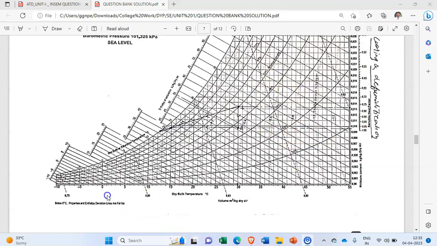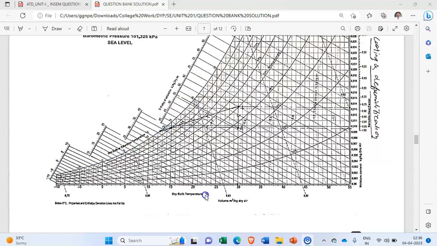On the x-axis there is the dry bulb temperature, minus 10, minus 5, like this. And on this left-hand curved line there is the wet bulb or saturation temperature; these are the wet bulb or saturation temperature lines.